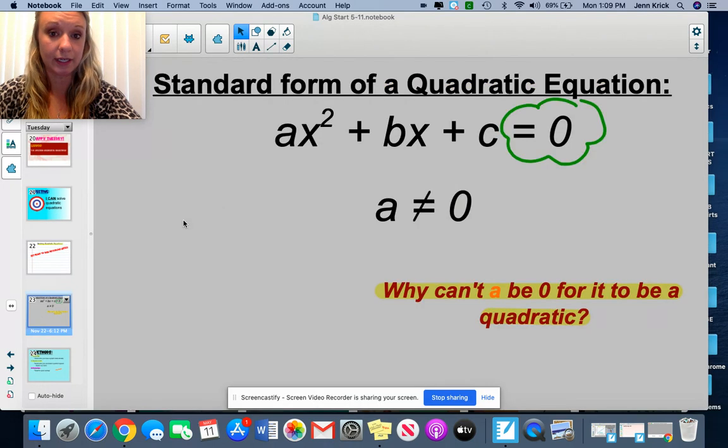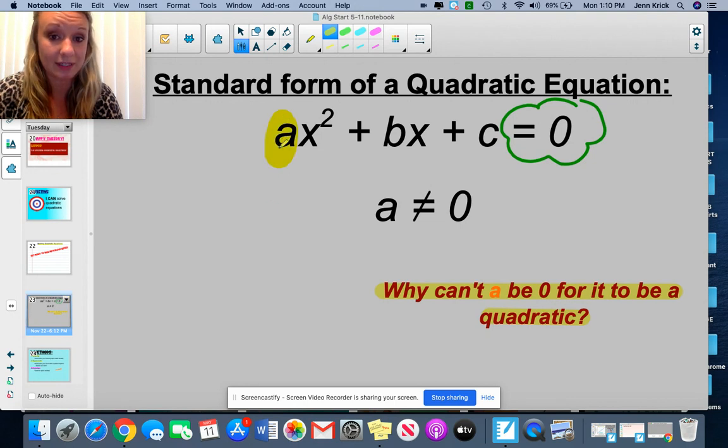So let's get started. The standard form of a quadratic equation, which we looked at a lot yesterday, is ax squared plus bx plus c equals 0. For it to be an equation, it has to have an equal sign and be set equal to 0. In this standard form of a quadratic, a cannot be 0. That's our leading coefficient right here. This guy cannot be 0.